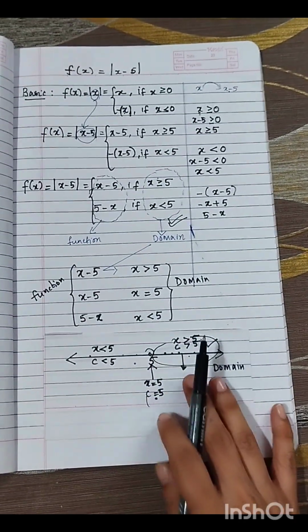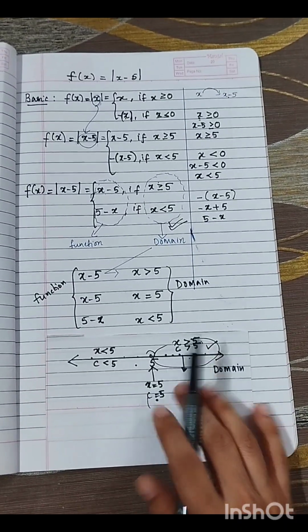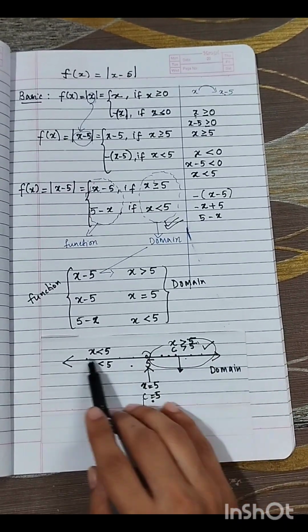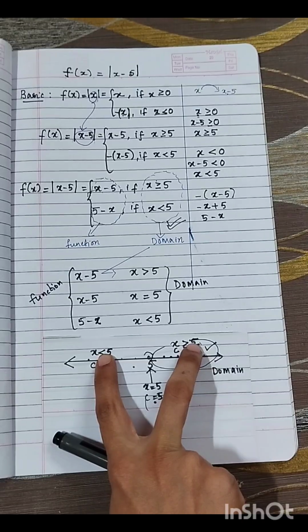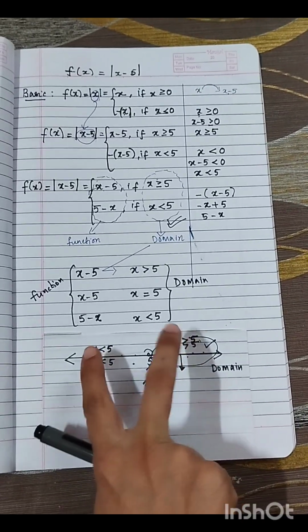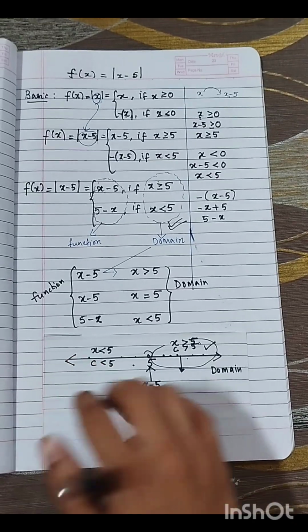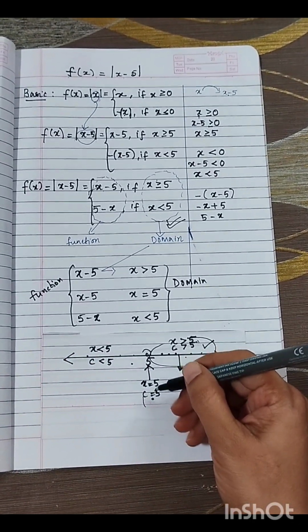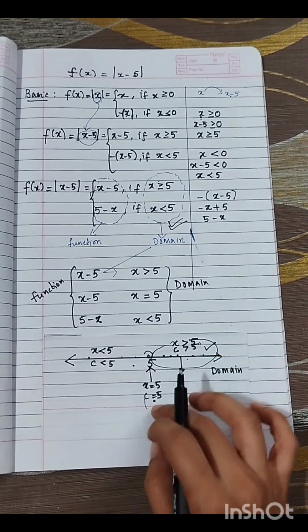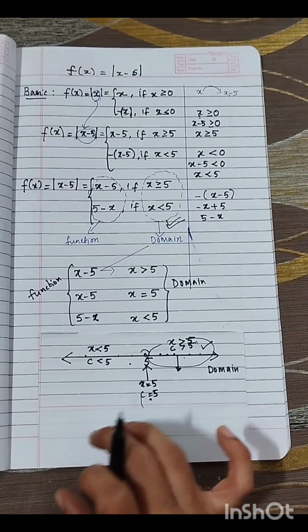To check continuity, greater than 5 and less than 5 have the same method. You can follow the same method to solve for greater than 5 and less than 5. But to solve at x equal to 5, there is a little different method that I'll be explaining.